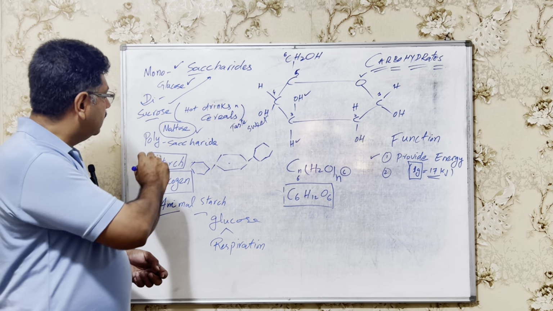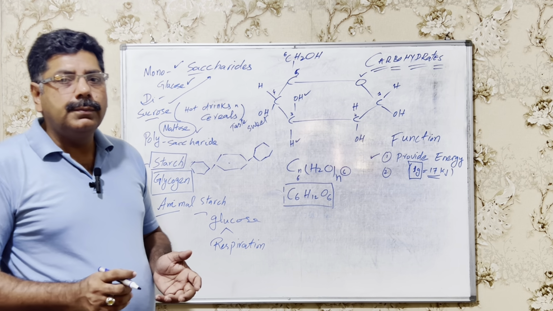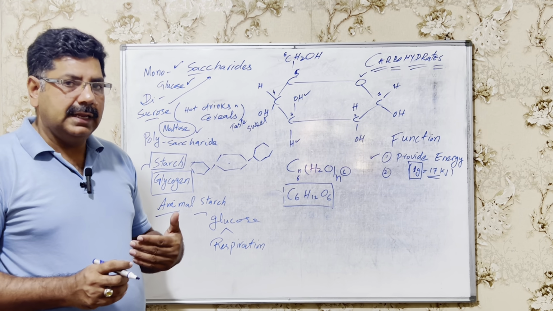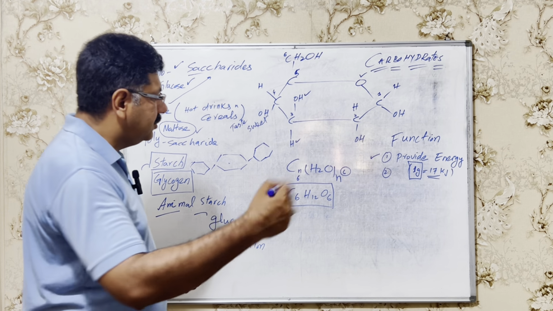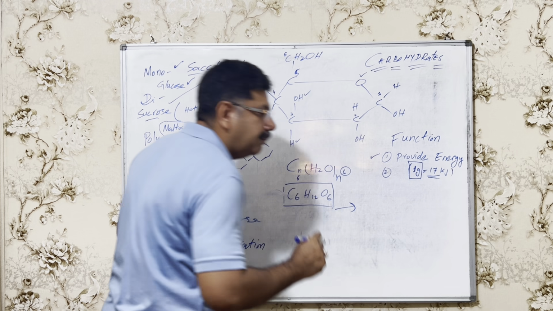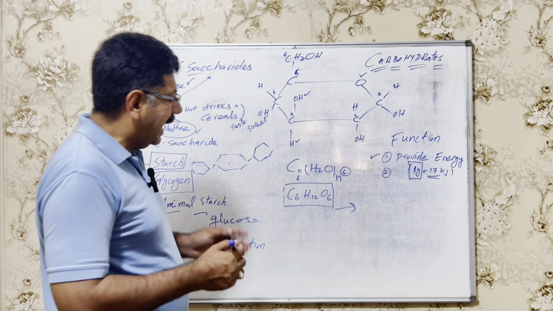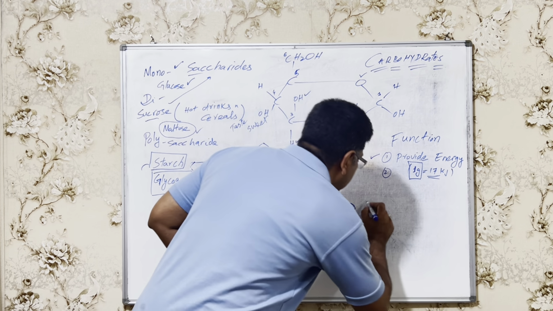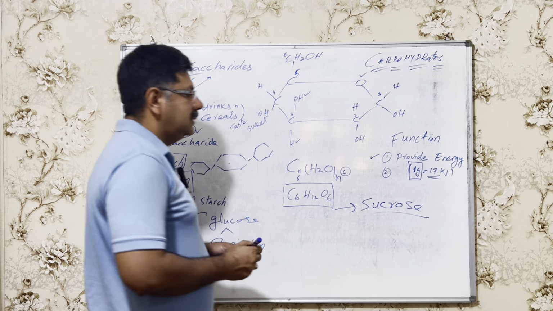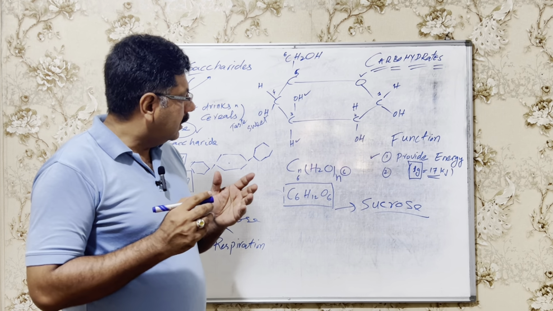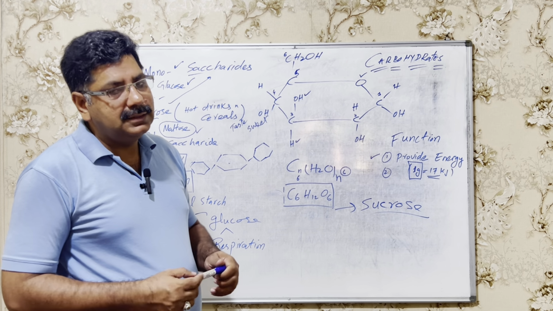Starch will also be converted into glucose to give energy, but storage or transportation from one place to another in plants is not in the form of glucose as in animals. In plants, the transportation is in the form of sucrose, which is a disaccharide.